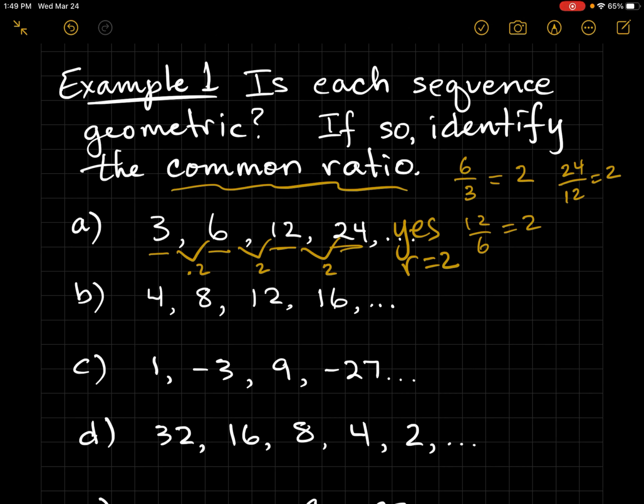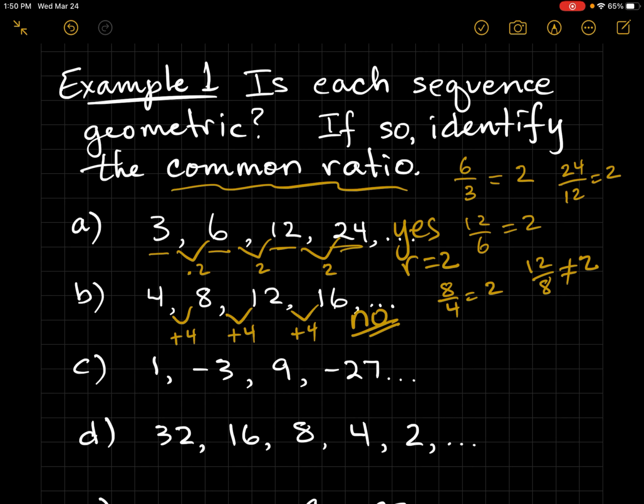So let's look at part B. 8 divided by 4 is 2. 12 divided by 8, ooh, that is not 2. So this one, no, this is not geometric. As a matter of fact, it looks arithmetic. Yeah, this one's arithmetic. We have a common difference.